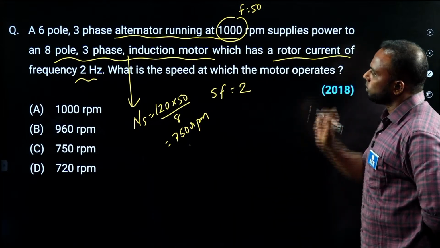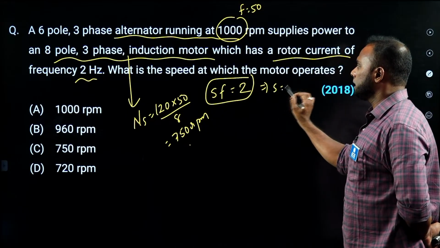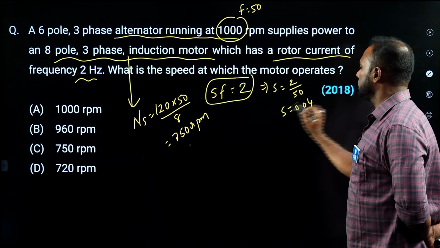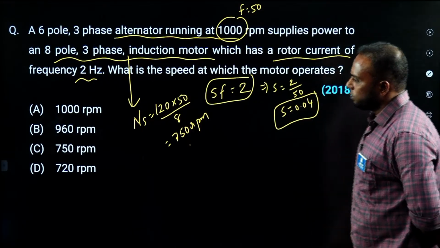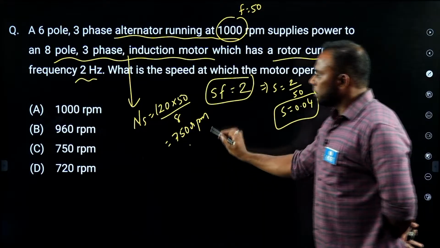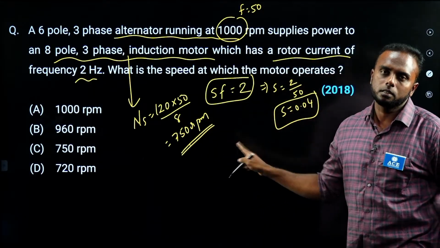Then at what speed does the motor operate? So sF is given as 2 Hz, from this you can find S equal to 2 by 50, nothing but 0.04, 4% again. Then approximately you see the options first, and you can directly answer. The synchronous speed is 750, so what is the speed of an induction motor always? Less than the synchronous speed.